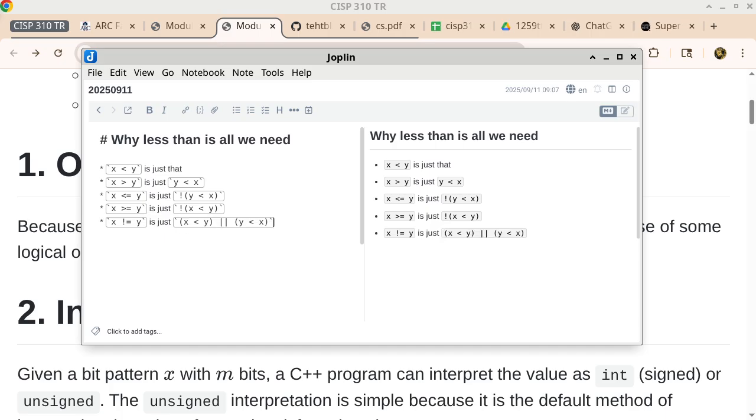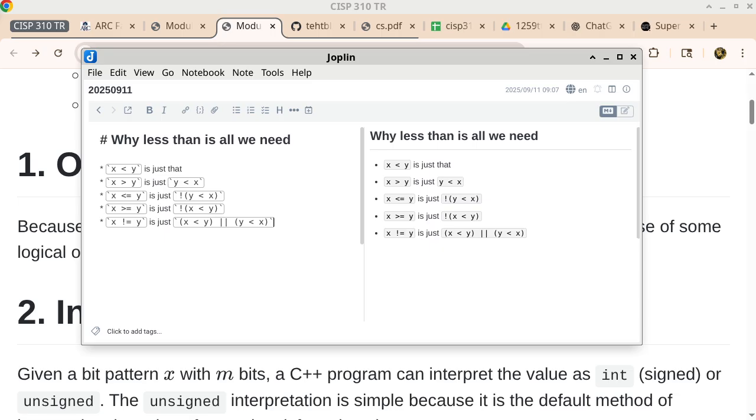If I can use Boolean or logical operators, and I also just have less than as a comparison operator, also known as a relational operator, I can re-express x not equal to y as x is less than y or y is less than x, because in either case, x and y are not the same.